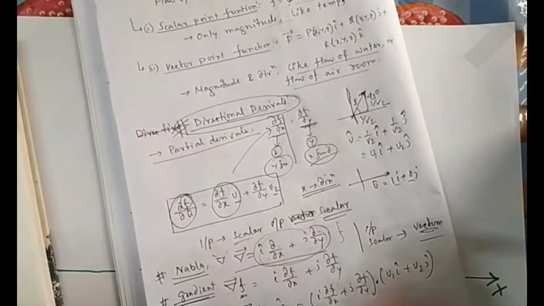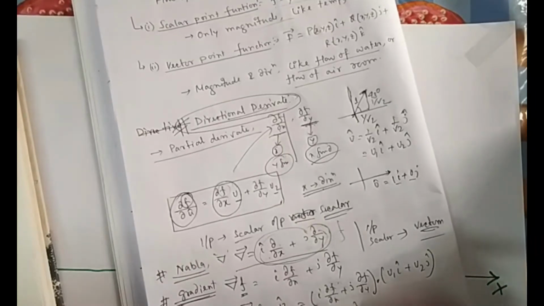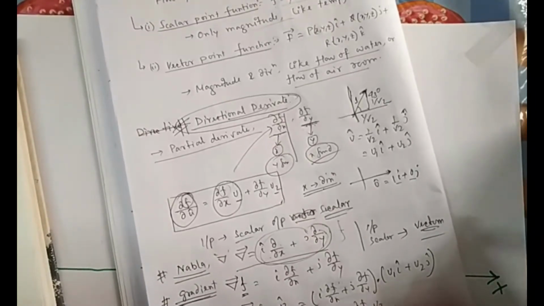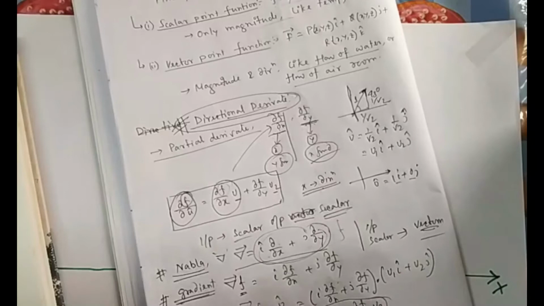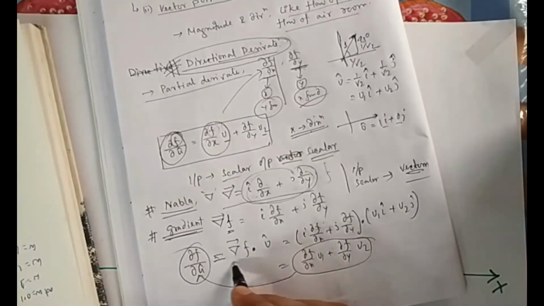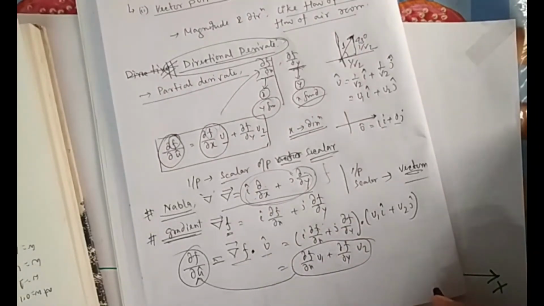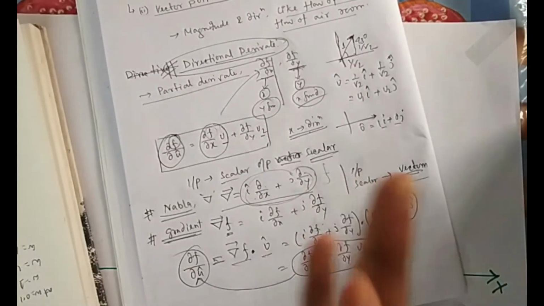So it will be del f by del x times u1 plus del f by del y times u2, which is nothing but your directional derivative. That means by using the gradient, if you are dotting with that direction only, you are getting the directional derivative in that particular direction.